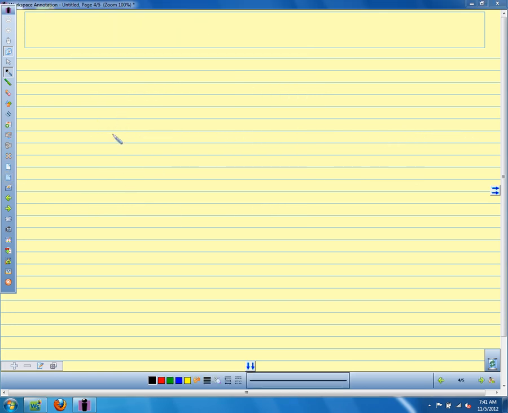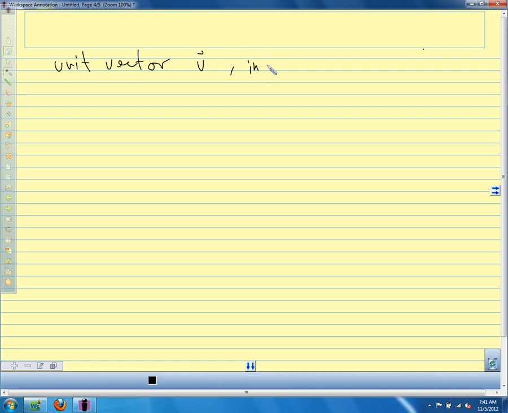So if we have a unit vector u, and I need to get better at writing those little arrows, we have a unit vector u with its initial point at the origin, and its terminal point on a circle.